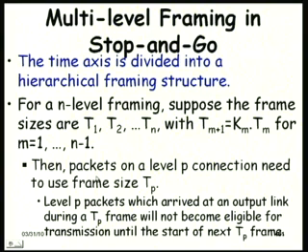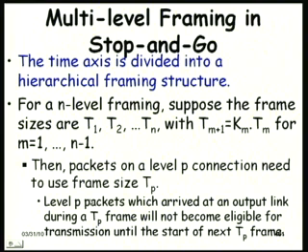Now, a packet on a level P frame will use the frame size Tp. So, if we assign a packet to level P, then it will always use the frame size Tp. There may be some other packets which will use frame size T1, some may use Tn, but some connection might use Tp.